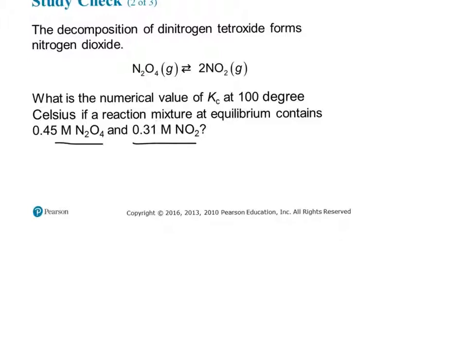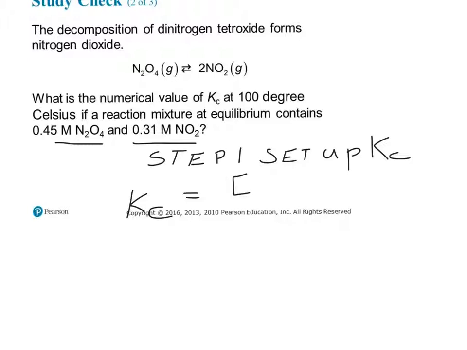Step 1, set up your equilibrium constant symbolically. So I know that my equilibrium constant is going to be the concentration of my products divided by the concentrations of my reactants.